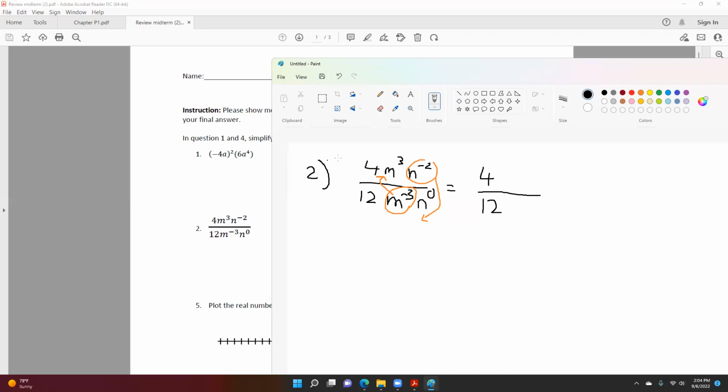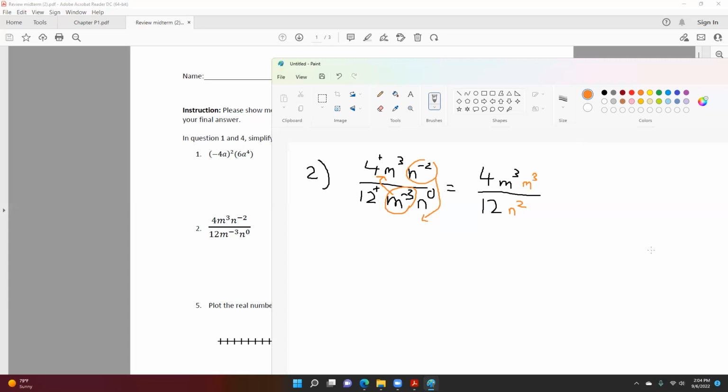Yes. Because these are all positive exponents, we do not want to switch them. The only thing that you switch is these 2, because n to the -2 will become n squared at the bottom, and m to the -3 will move to the top.